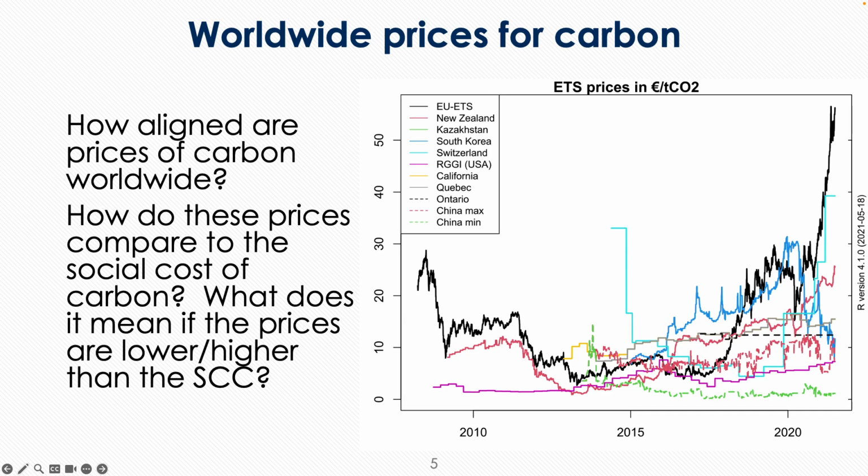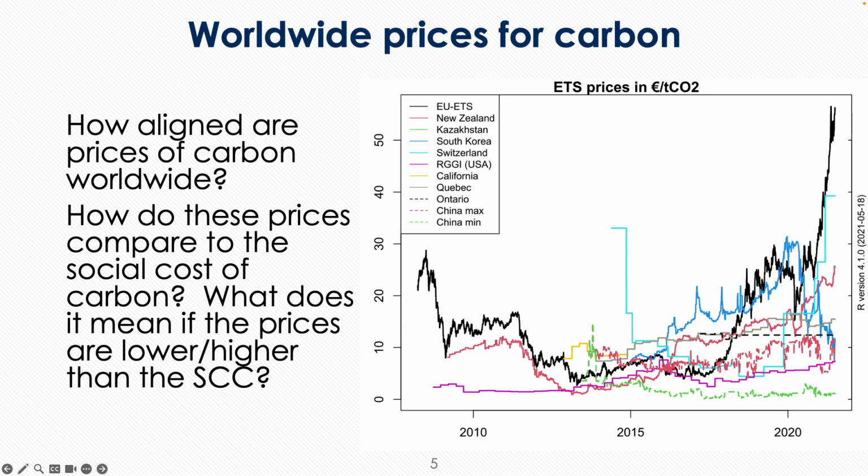Okay, what does it mean if the carbon price that is getting enforced by a particular government is higher or lower than the social cost of carbon? Well, if it's lower, that means that the externality is not fully internalized. If the tax is lower than the social cost of carbon, right, then we think that the damages from carbon will outweigh what's being covered by these taxes, essentially.